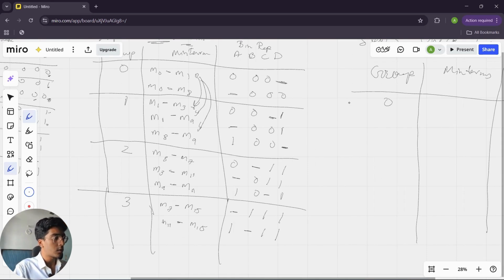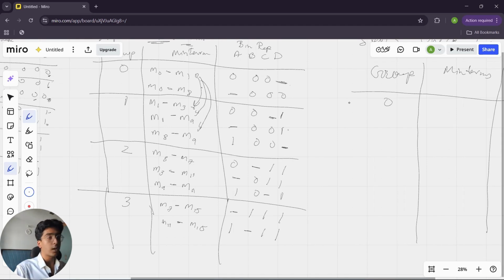So let's compare the first one, m0, m1 and m1, m3. This one is 0 0, this is 0 0. Now here 0 and dash, over here dash and 1, so two variables are different, so we cannot take it. Let's compare m0 m1 with m1 m9. Same thing, two terms are different, we cannot take it as a matched pair.